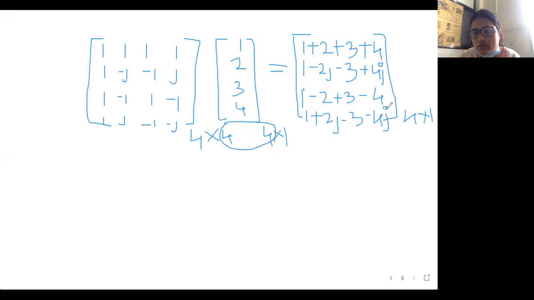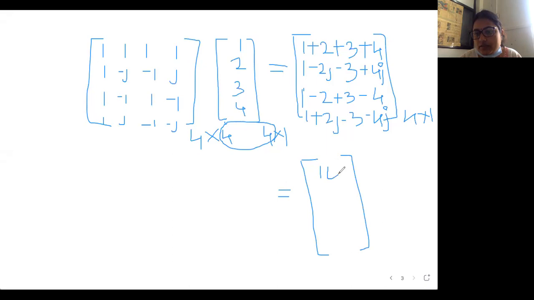Okay, so now solve this complete matrix. What is the answer at the end? What will be the answer? 1 plus 2 is 3, 3 plus 3 is 6, 6 plus 4 is 10.